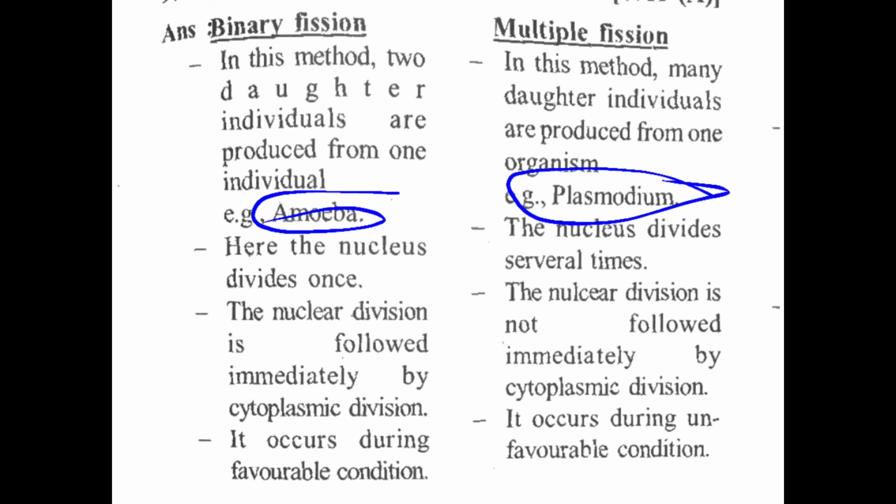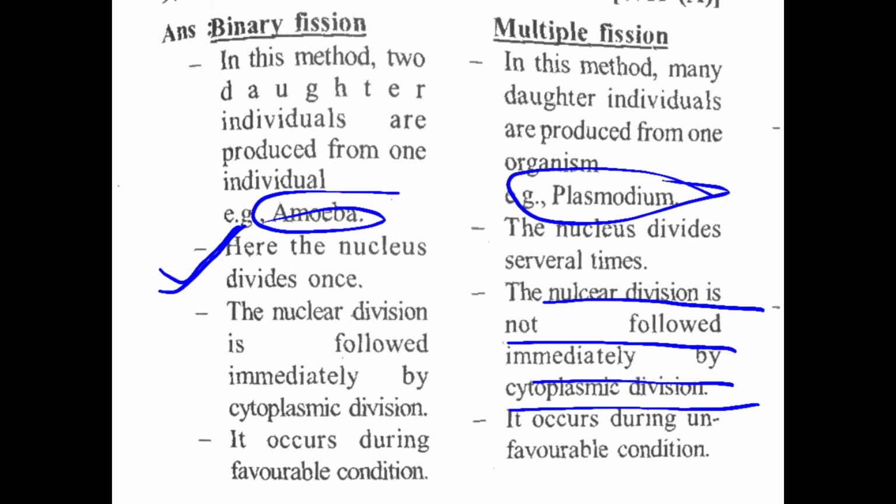In binary fission, the nucleus divides only once. One nucleus divides to form two nuclei, so division occurs only one time, whereas the nucleus divides several times in multiple fission. In binary fission, nuclear division is followed immediately by cytoplasmic division, whereas in multiple fission nuclear division is not followed by immediate cytoplasmic division.